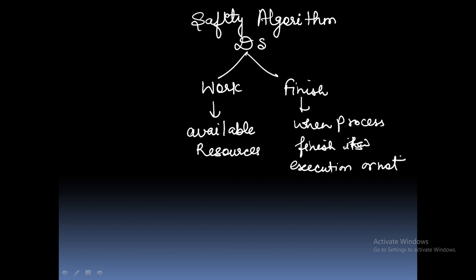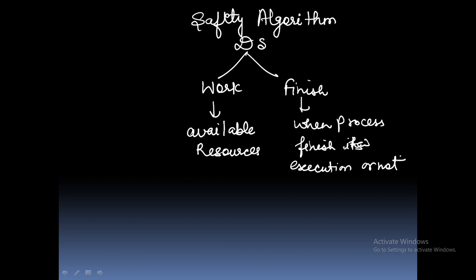In step number 3, after finding the required process, the safety algorithm assumes that the requested resources are allocated to that process. The process runs and finishes its execution, and the resources allocated to it get freed. The resources are then added to work and finish of the process is set as true.